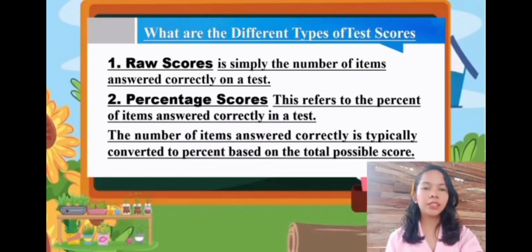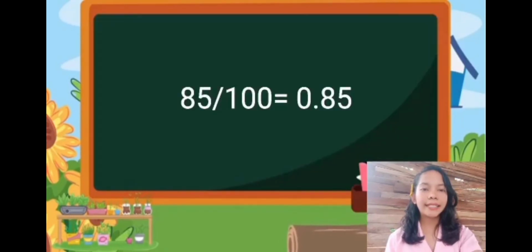Then, let's proceed to the percentage score. This refers to the percent of items answered correctly in the test. The number of items answered correctly is typically converted to a percent based on the total possible score. Your score is 85 out of 100.